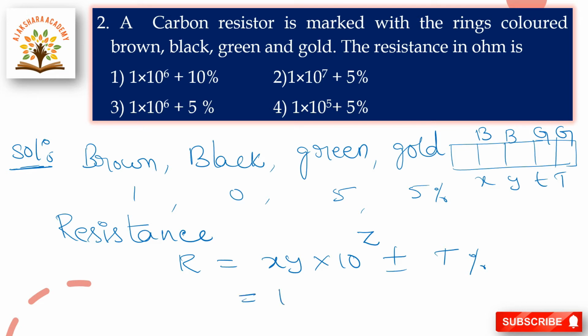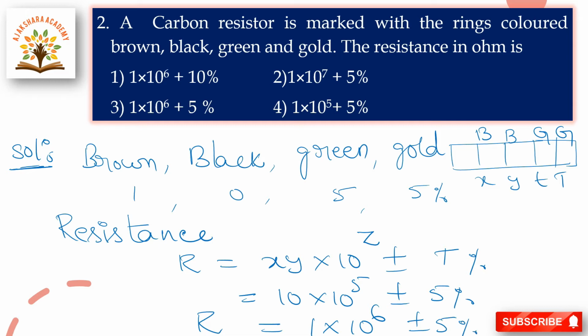So that is equals to 10 into 10 to the power of 5 plus or minus 5%. So this can be written as 1 into 10 to the power of 6 plus or minus 5%. Okay. Next we will go to the next question.